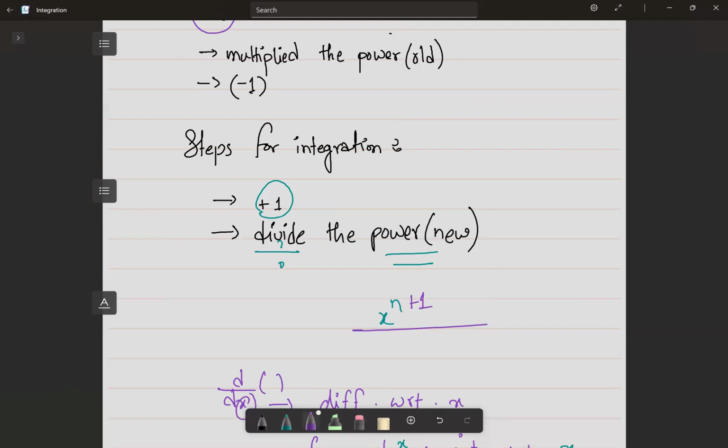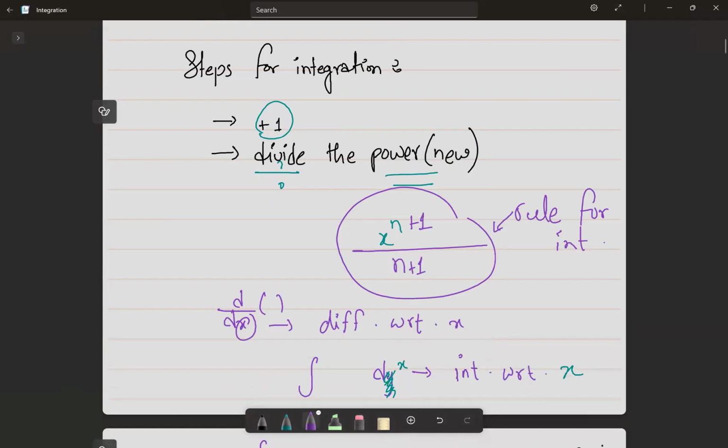Our new power is now n plus 1. The old power was n, the new power was n plus 1. So this is our rule for integration: add 1 to the old power and then divide by the new power.